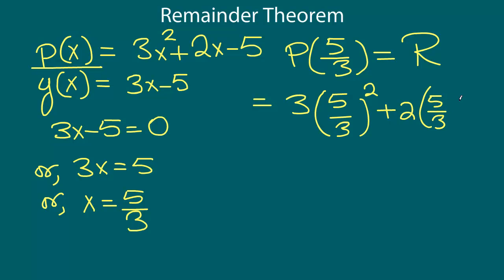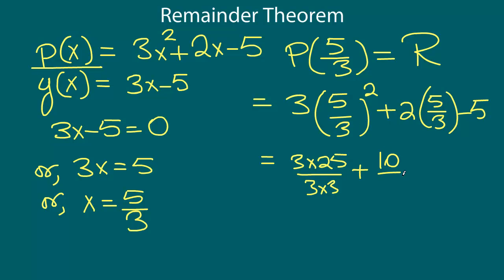So it will be like this, minus 5. So we will have 3 times 5 times 5 is 25 by 3 by 3, right? Because squared, plus we will have 10 over 3 minus 5.